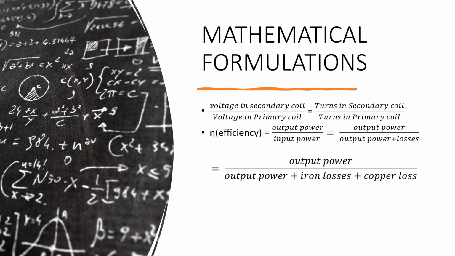For calculating the efficiency of the transformer, the formula is output power divided by input power. Input power is always equal to output power plus all the losses. And since, from the second law of thermodynamics, the efficiency can never be greater than 1, when we substitute the proper values, we get the final efficiency as output power divided by output power plus iron losses plus copper losses.